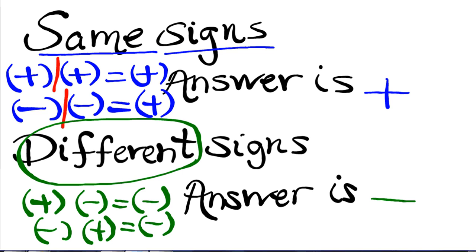And again, it holds true for division. A positive divided by a negative is a negative, and a negative divided by a positive is a negative. So, think about it. Same signs, positive. Different signs, negative. If my signs are the same, positive.